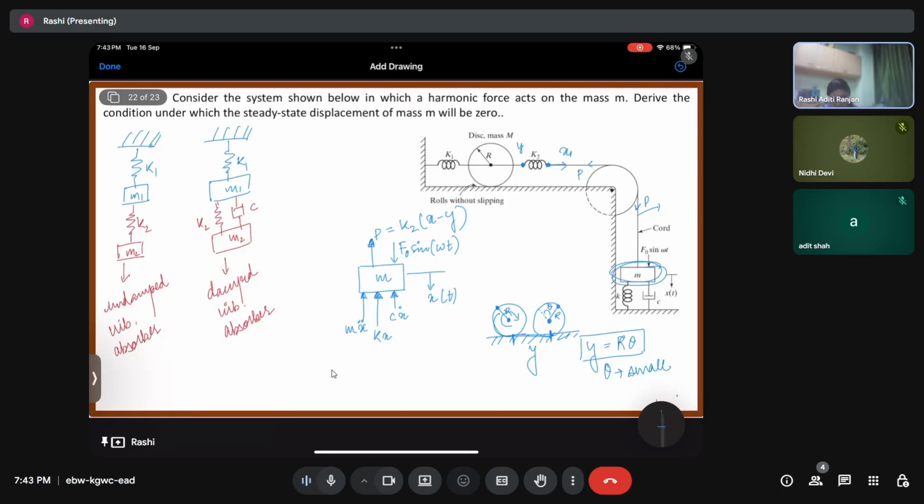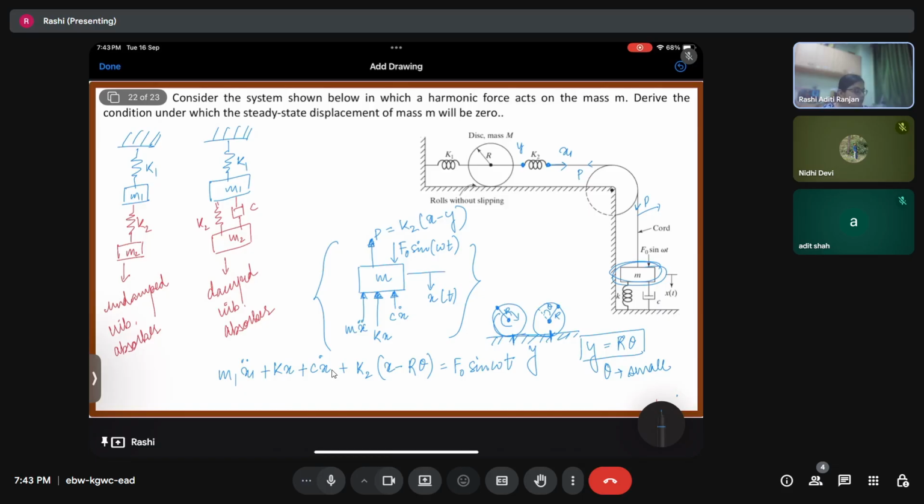Okay, so for this first case, we are going to have the equation of motion as m1 x1 double dot plus kx plus cx dot plus k2 (x minus r theta) is equal to f naught sine of omega t, right?